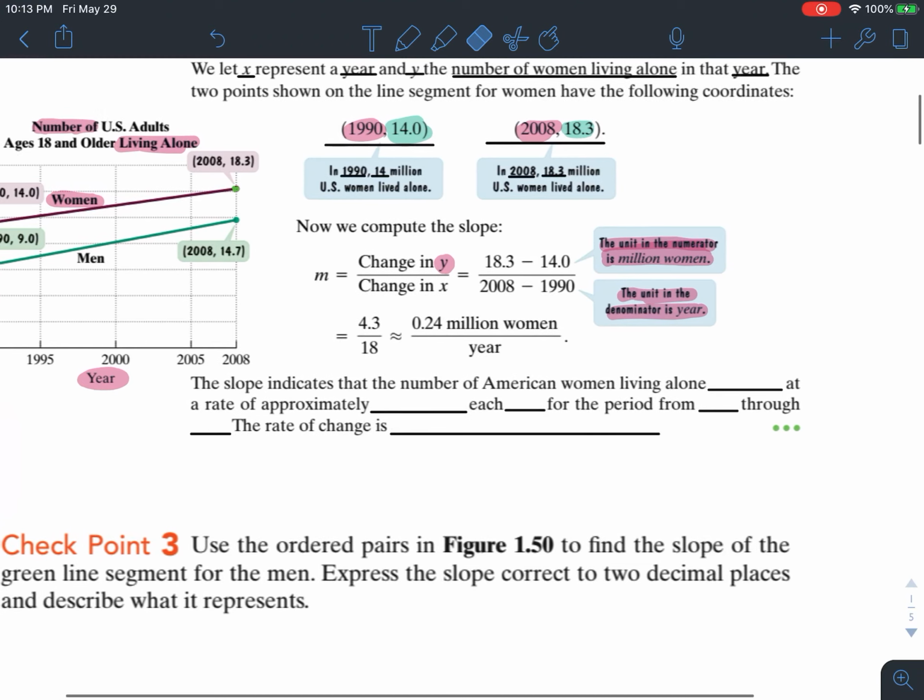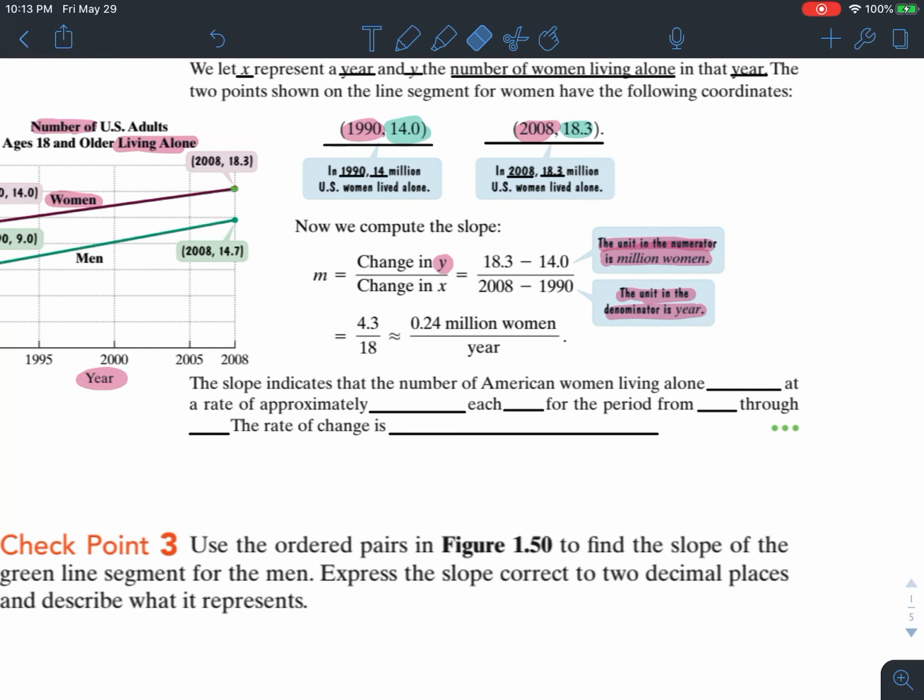Okay, so let's put this together. So this slope, 0.24, means that the number of American women living alone increased, because that number is positive, at a rate of approximately 0.24 million each year.